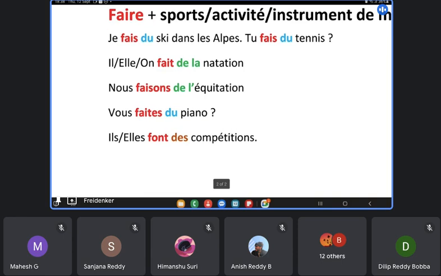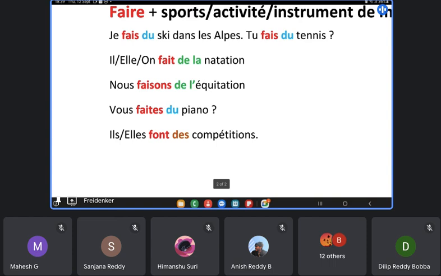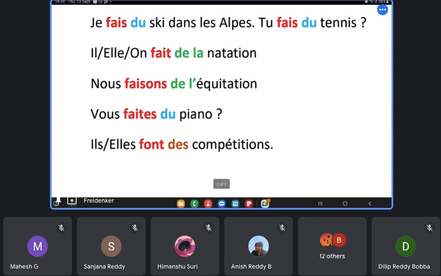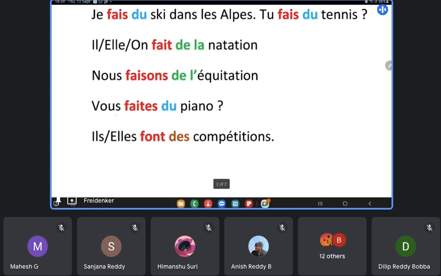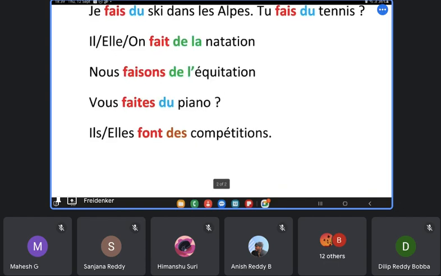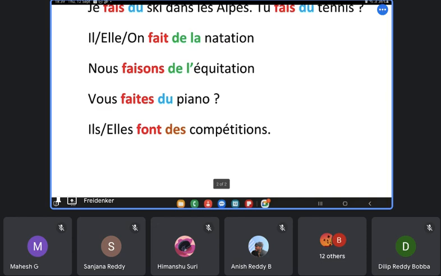Nous faisons de l'équitation. Équitation, I told you, it is horseback riding. You ride a horse on its back. Nous faisons de l'équitation. There is no fusion here because l' doesn't fuse. There is no contraction. Vous faites du piano. Piano is masculine, so see, we've come across this many times. Vous faites du piano. Ils, elles font des compétitions.